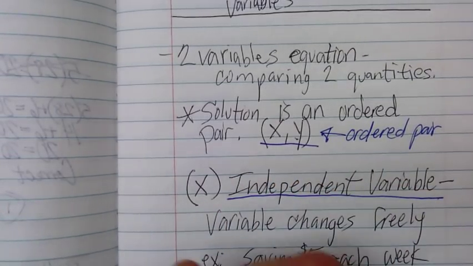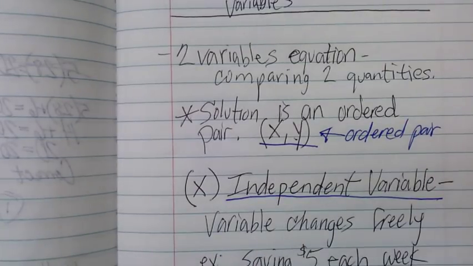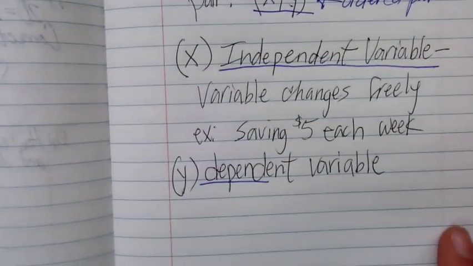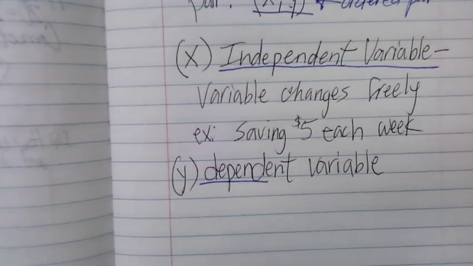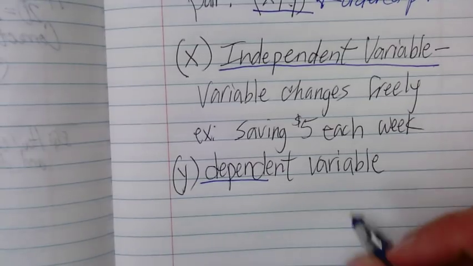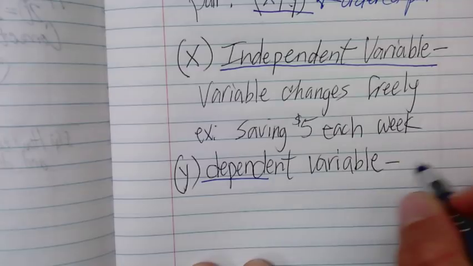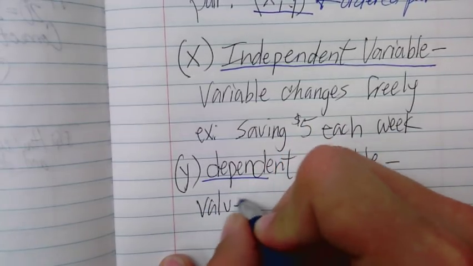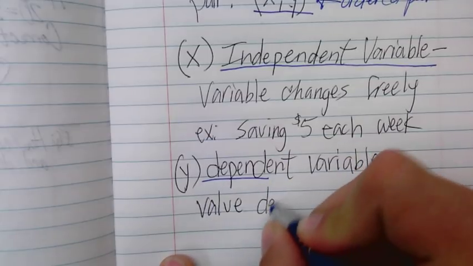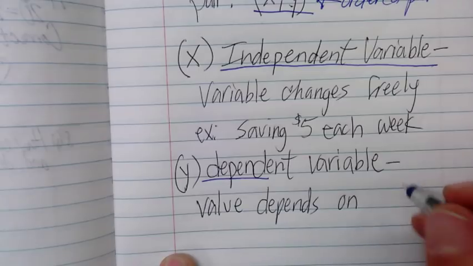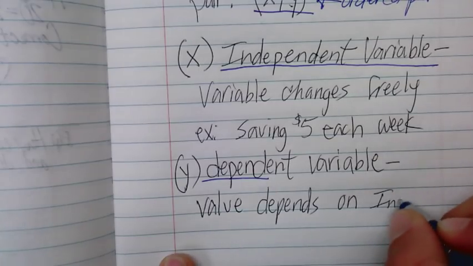That word depend, right? It depends on the independent variable. So its change depends on the independent variable changing. So dependent variable, its value depends on independent variable.